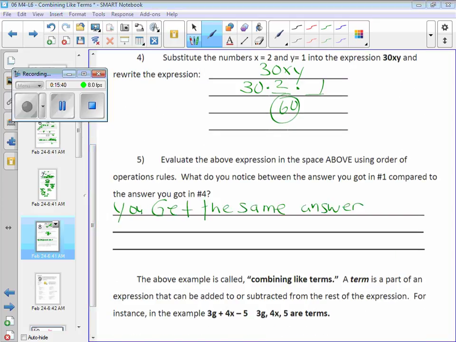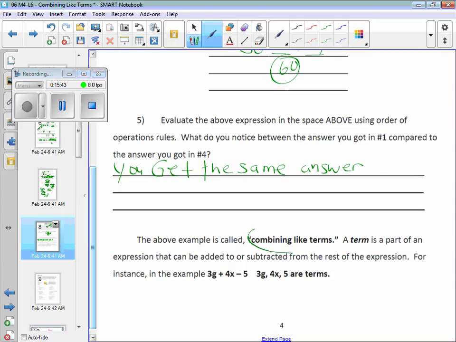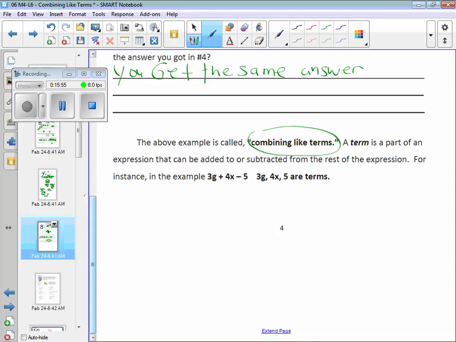So what we just did is something called combining like terms. A term is a part of an expression. It can be added or subtracted from the rest of the expression. Let's look at this example: 3g plus 4x minus 5. This is a term, this is a term, and this is a term.